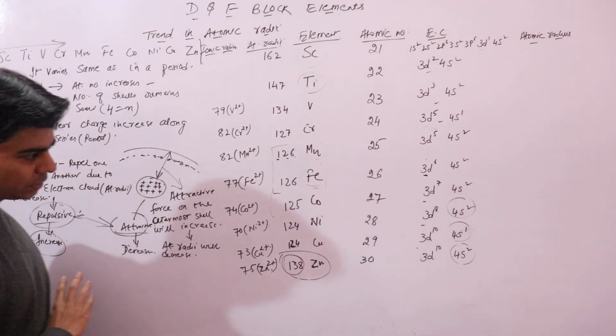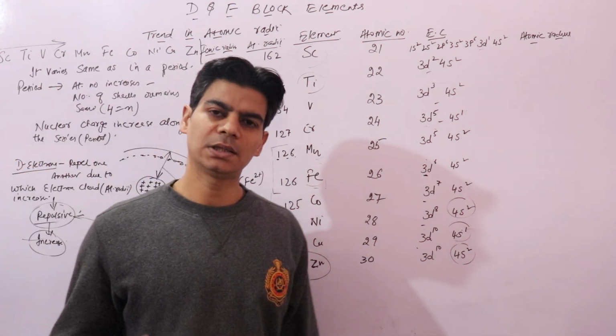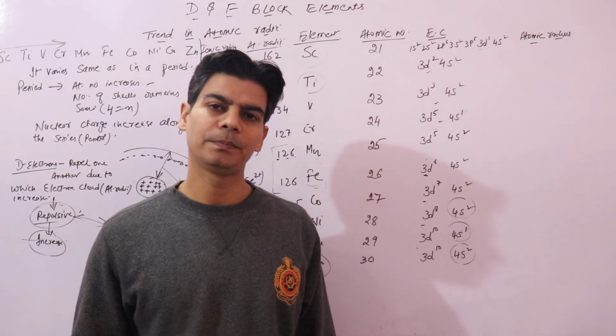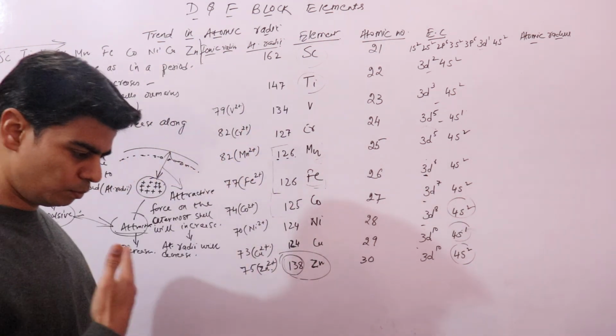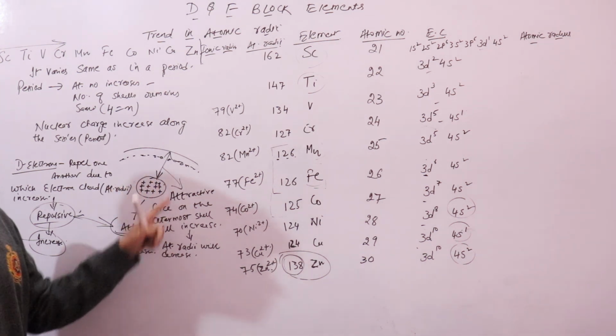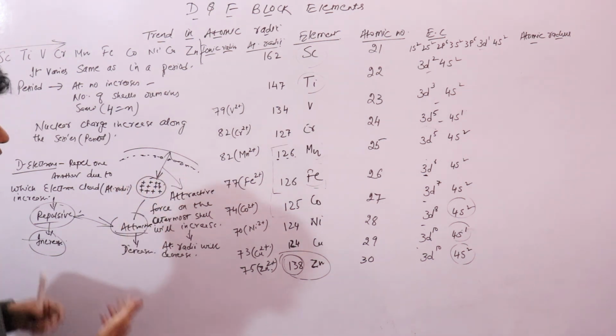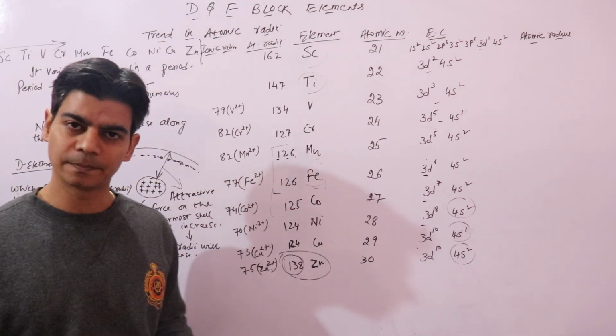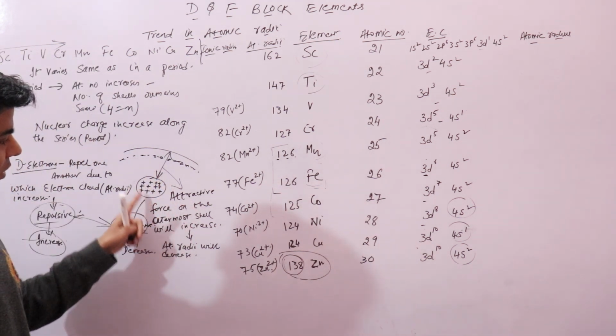Just remember, this is something very basic that we have been doing from the periodic table. As you move along the period, your attractive force due to nuclear charge will increase, so normally your atomic radii will decrease due to this increased nuclear charge.